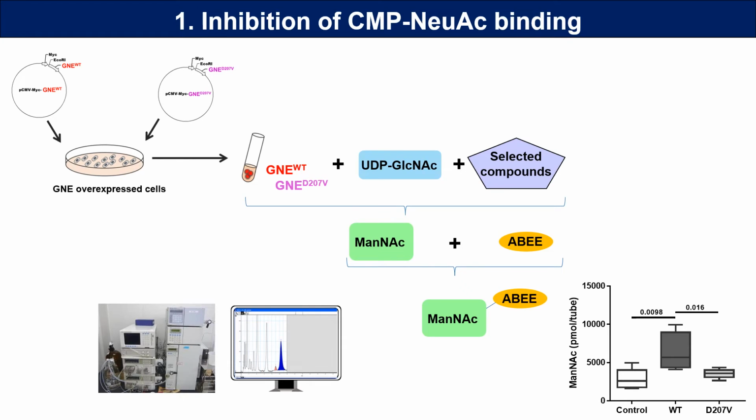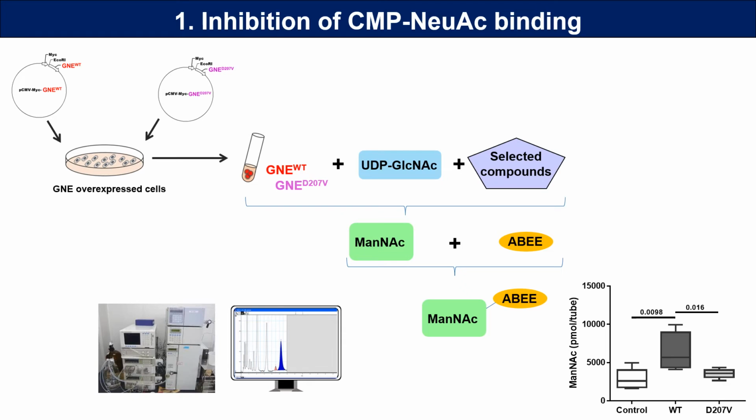Next, we had to measure whether enzyme activity would be increased or decreased using these compounds. Previously, GNE ManNAc kinase enzyme activity was assessed by measuring radioactive substrates, though it is considered to be harmful nowadays. So we established a method using ABEE labeling.